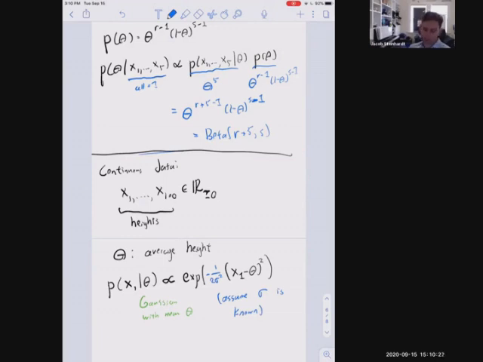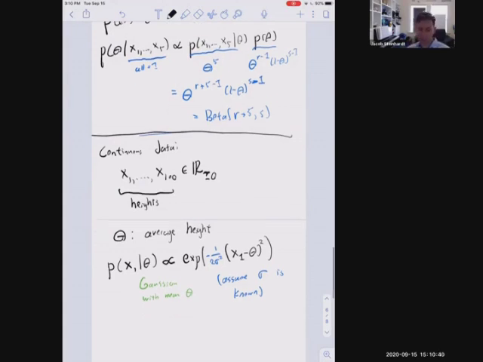But this would be an example of a continuous problem where we say, okay, let's suppose we have a bunch of heights. We'll assume that they're Gaussian distributed. Now I want to infer the average height. And so I need some sort of P of theta prior if I want to take the Bayesian route.